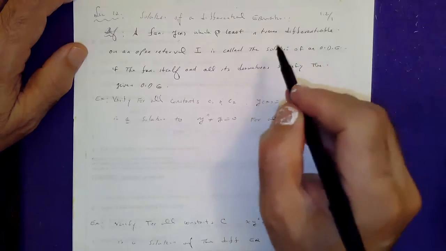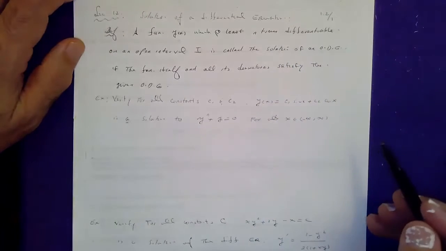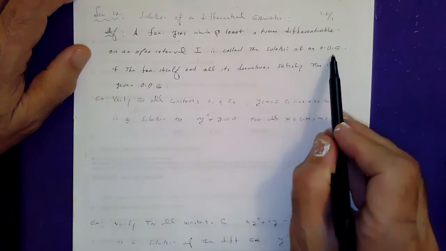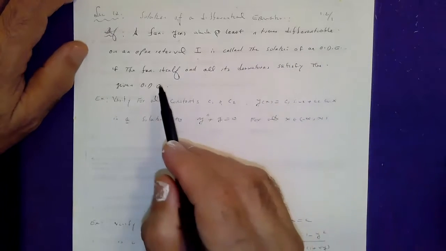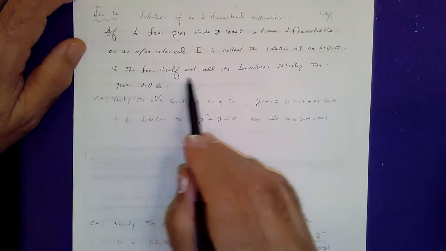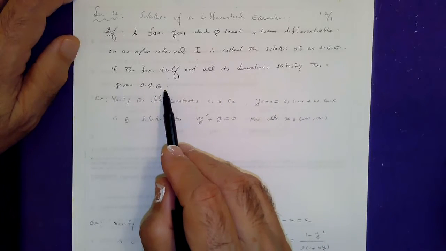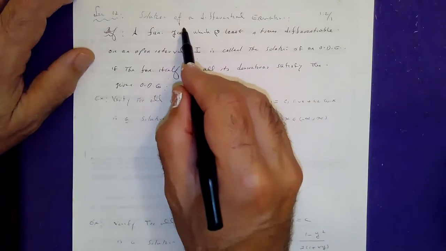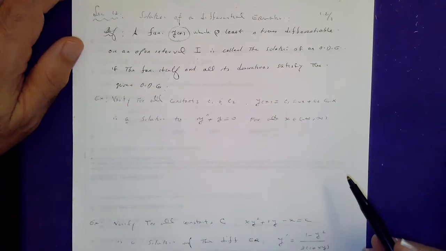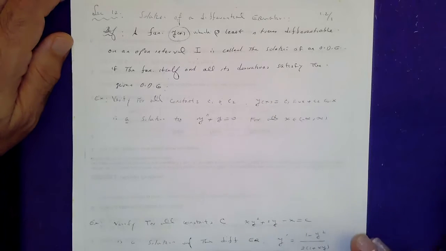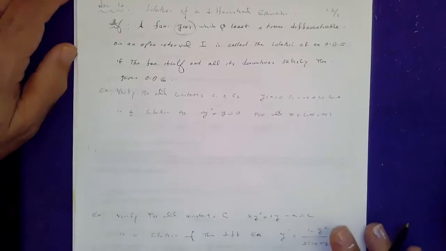That means the nth derivative of it exists on an open interval I, and it is called the solution of an ODE, ordinary differential equation, if the function itself and all its derivatives satisfy the differential equation. So the solution is a function, which can be constant. It's a function of x whose derivatives and itself must satisfy the equation.